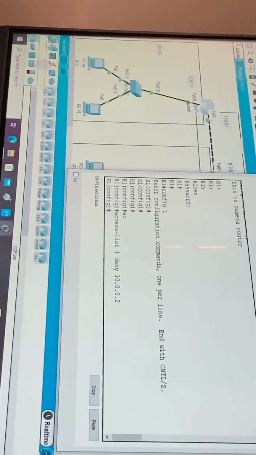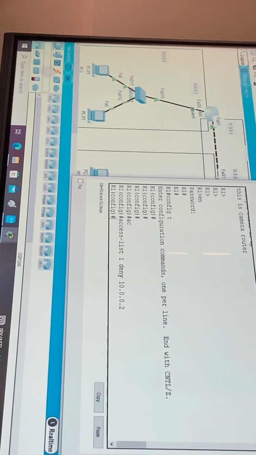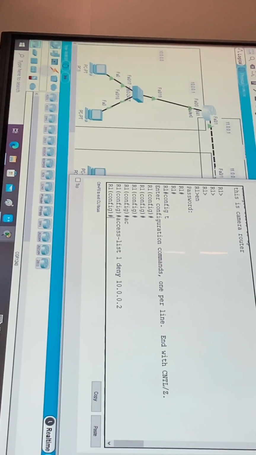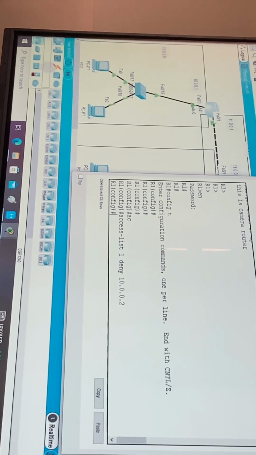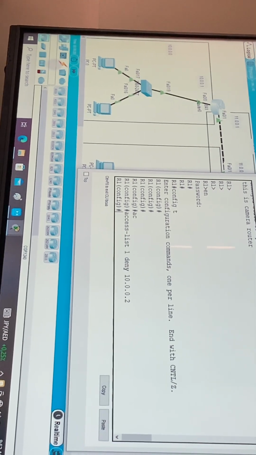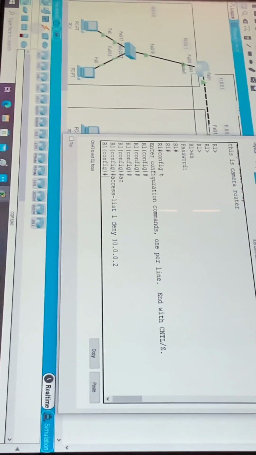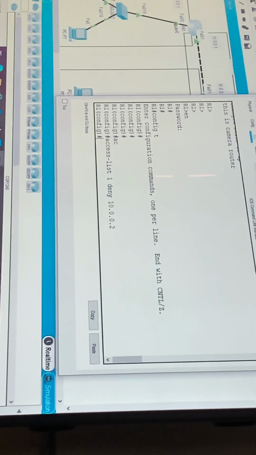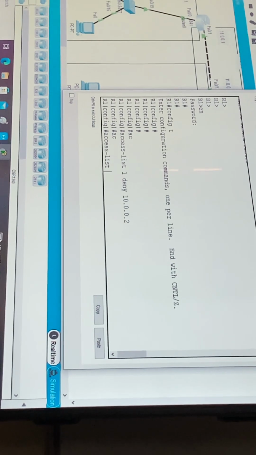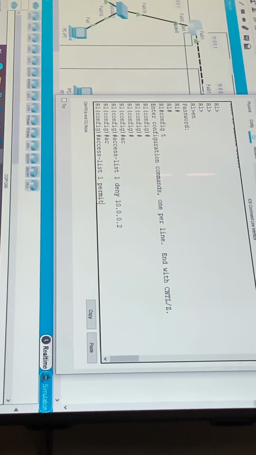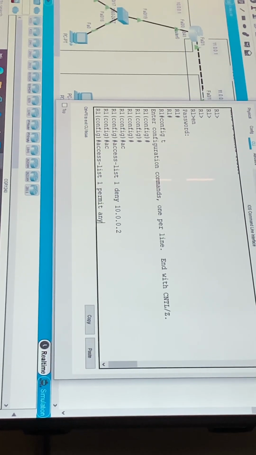But when I deny, I must allow. When I go to the door and say everyone without cake will be denied, then anyone with cake will be allowed. So I'm allowing and denying. So access list 1 permit any. What does any mean?